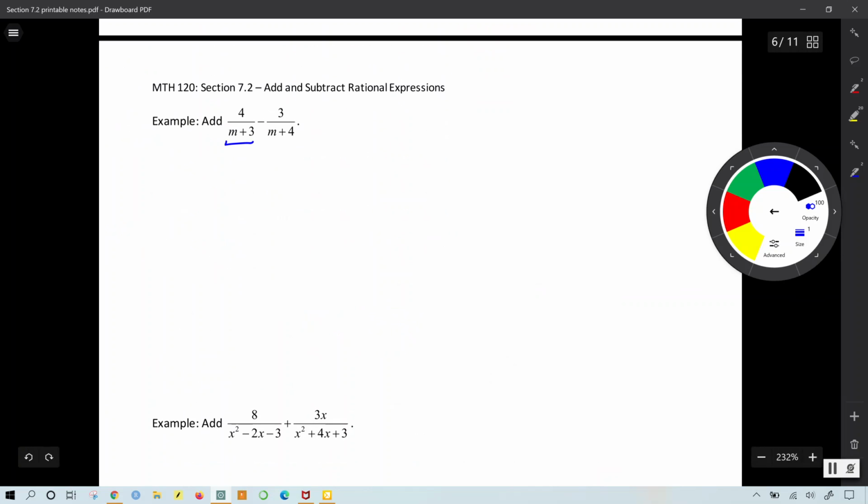We are to add 4 all over m plus 3 minus 3 all over m plus 4. The LCD will be the product of the two distinct components here. That will be m plus 3 and m plus 4.